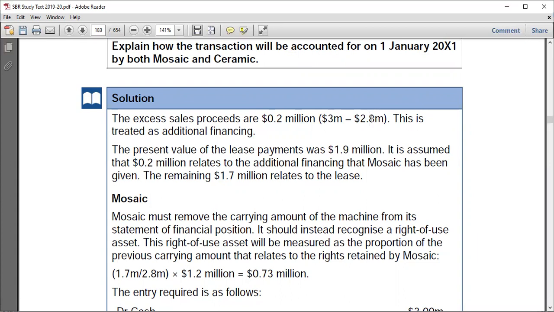Right now, the fair value is 2.8, but we received 3 million, we received more, so we are financed. What if we received less? What if we received 2.8, but the fair value was 3, we received less? If we received less, that means we would presume that we have already paid some of the lease liability, and so it should be a prepayment.